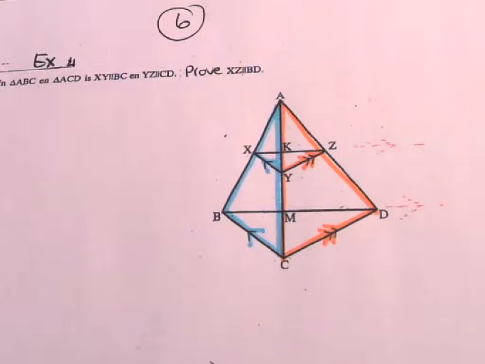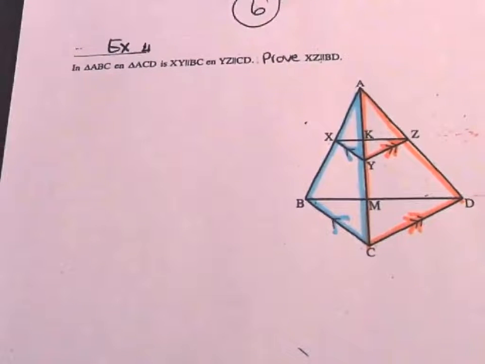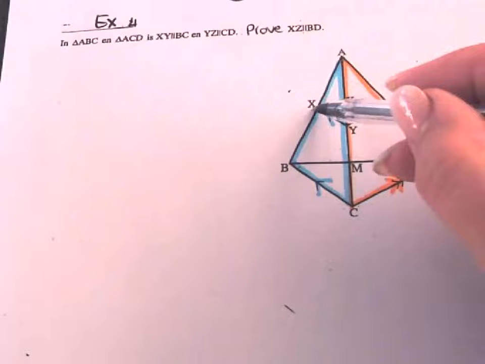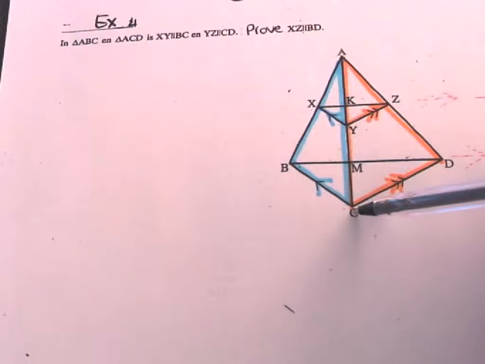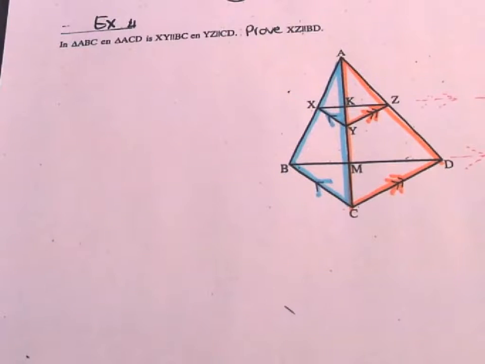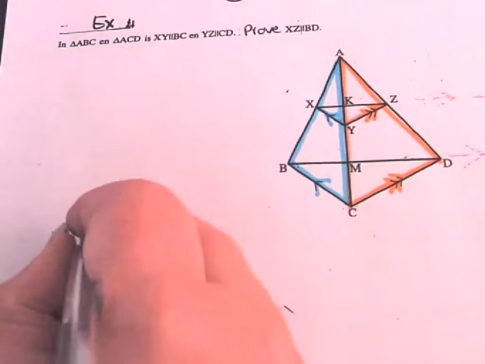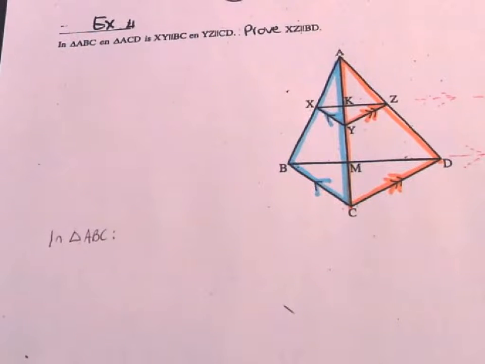Okay, let's do the blue one first. What can we say about the blue triangle? AX over XB, go down. AX over XB is equal to AY over YC. So we say in triangle ABC, it's just easier for yourself.